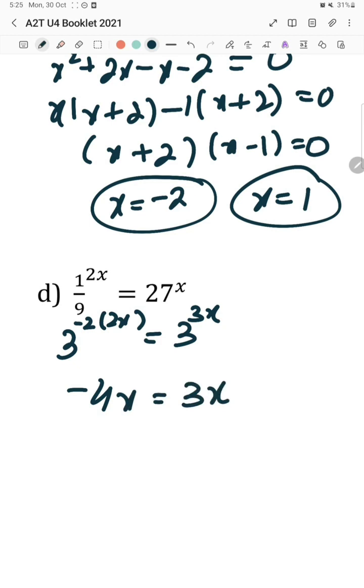It's going to be 1 by 9 to the power 2x. 3 times 3 is 9 and 3 times 3 is 27. So x is going to be equal to 0.